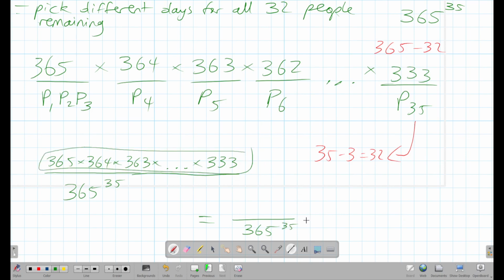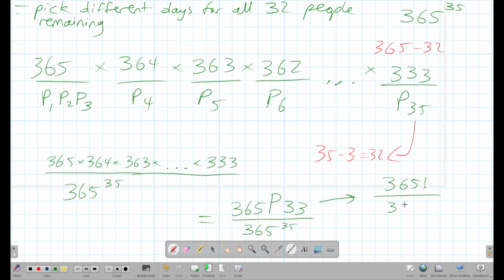The numerator just becomes 365 P 33, because the numerator is then 365 factorial divided by 332 factorial.